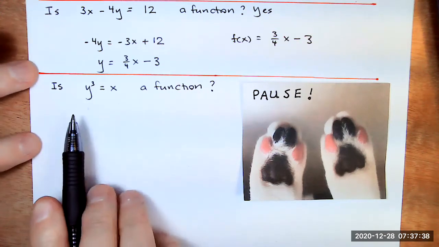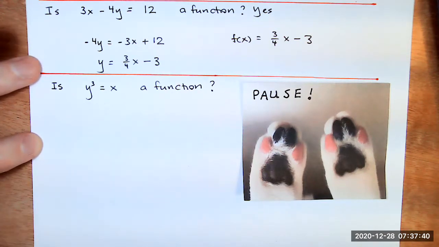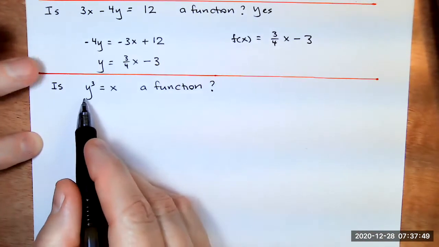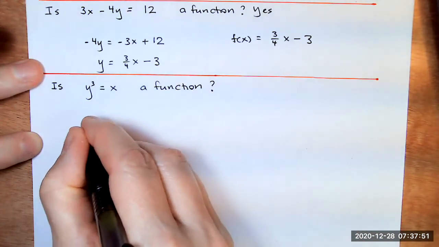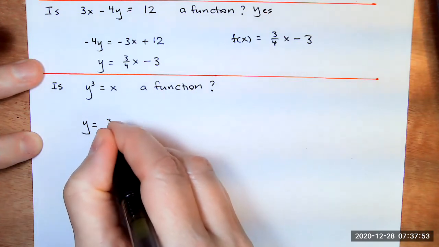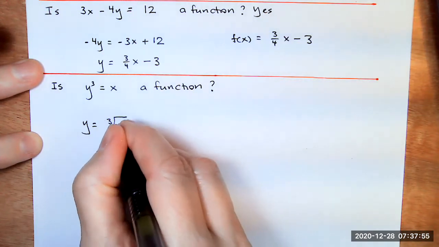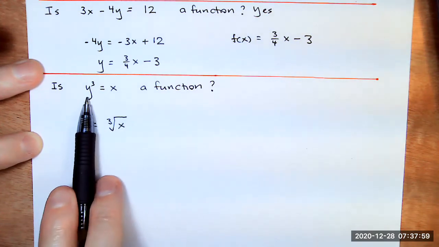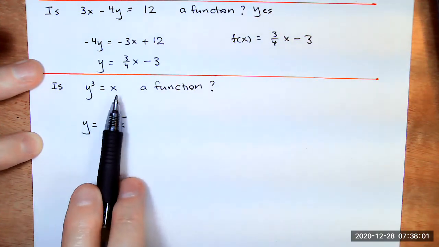All right, y cubed equal to x. Is this a function? Why don't you hit pause and try that one on your own? All right, so if we solve for this one, we get y is the cube root of x. And you don't get plus or minus because when you cube a number, the sign does not change.